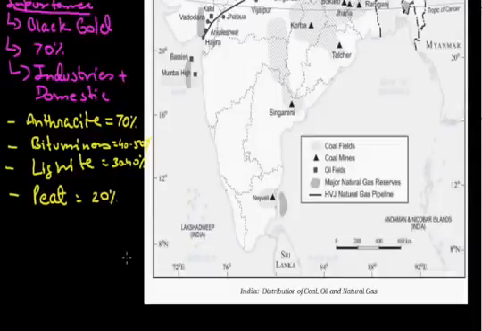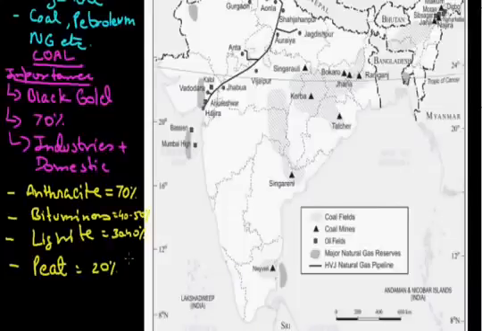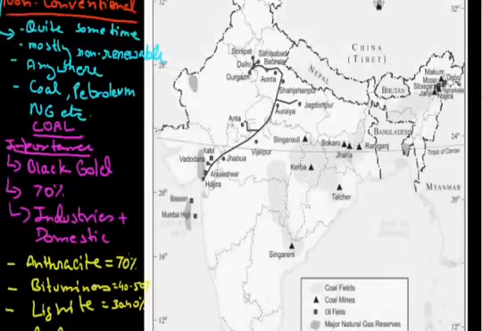Now let us see the distribution of coal in India. Here in the map of India, this pink colored area shows the coal fields of India. This is a very old coal field of India, found in the northeastern part of India, that is Assam Valley, Meghalaya to Arunachal Pradesh.